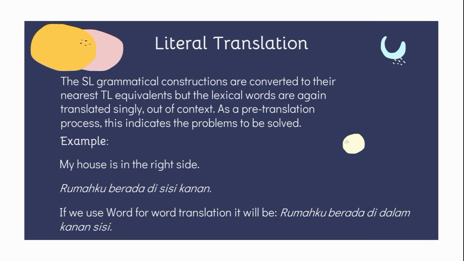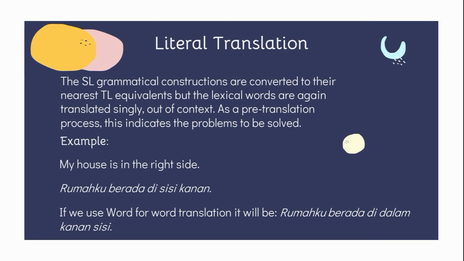Literal translation. According to Newmark, in literal translation the source language grammatical constructions are converted to their nearest target language equivalents, but the lexical words are again translated singly out of context. As a pre-translation process, this indicates the problems to be solved.